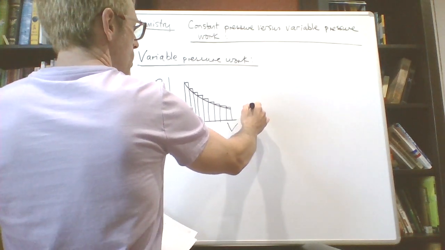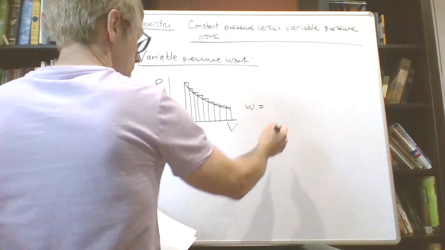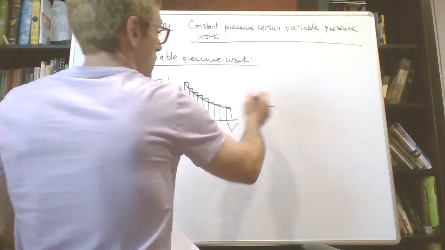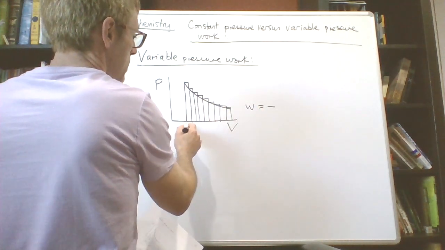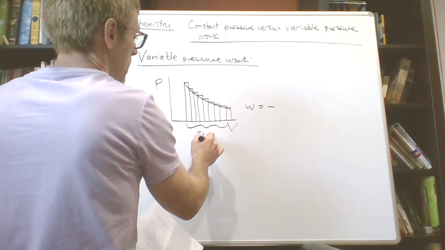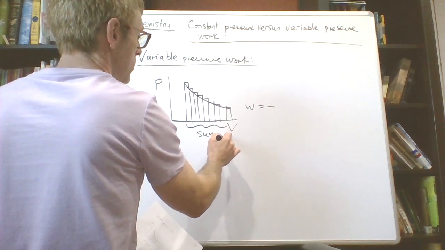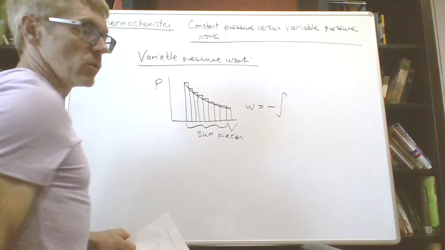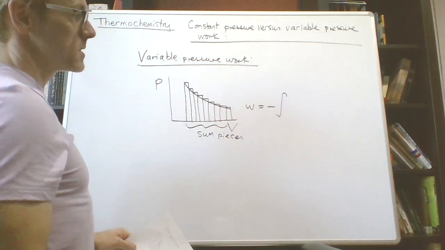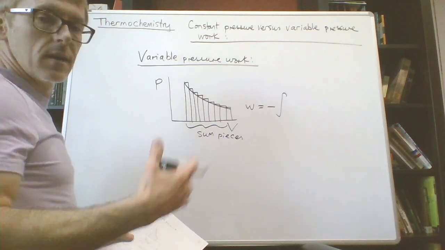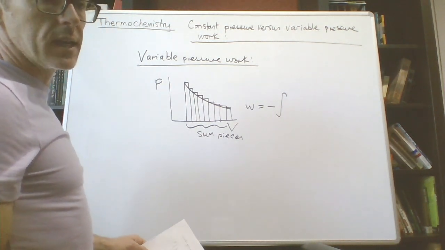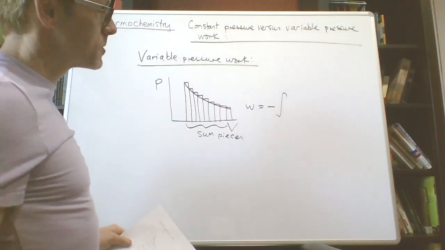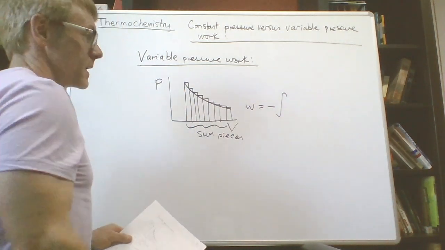We know that the work is negative by definition, but I now want to sum these pieces together. So I use Newton's old way of writing S. This is an Old English S. Most people now know it as an integration, but integration just means sum, and the symbol comes from the 1600s in England.